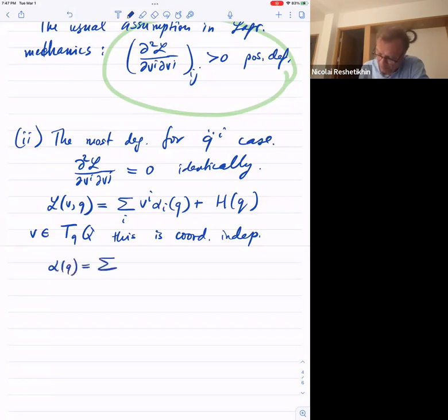These functions alpha i, they are not functions, they are only locally functions of q. Globally, they are components of a one-form, a differential form of first degree on our configuration space Q.